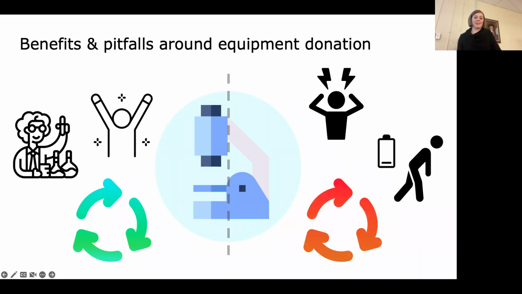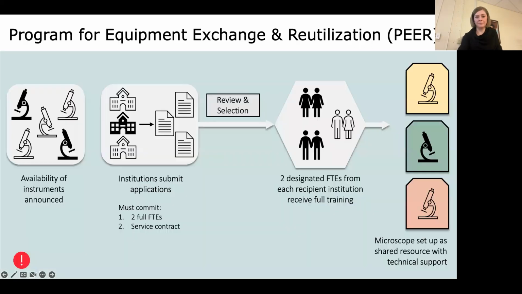With all of that to say, it's really important to be very careful about how we go about donating equipment to under-resourced areas so that it really supports rather than frustrates local researchers and communities that are left feeling like dumping grounds for the rest of the world.